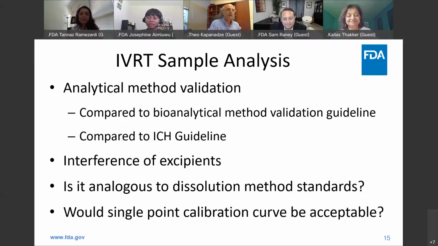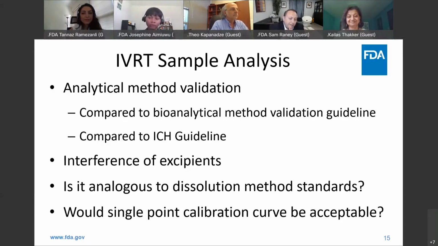Sometimes when the IVRT method is used for a bioequivalence study, I understood, but in QC release or stability studies, maybe there's some flexibility we should have, like following the ICH guideline instead of the bioanalytical method. Any of our FDA colleagues would like to share their opinion?